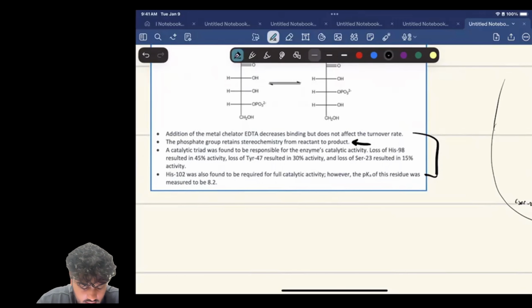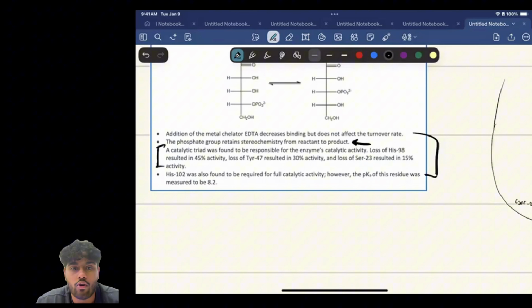So the third hint is that a catalytic triad was found to be responsible for the enzyme's catalytic activity, and that the loss of histidine 98 resulted in 45% activity, loss of tyrosine 47 resulted in 30% activity, and the loss of serine 23 resulted in 15% activity. So this tells us that the loss of serine 23 drops the activity to 15%, while the loss of histidine 98 and tyrosine 47 also impacts the reaction a lot.